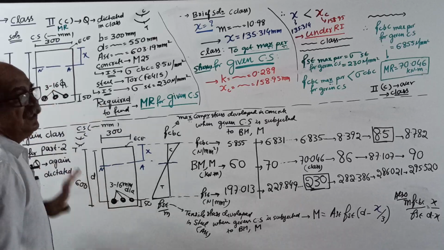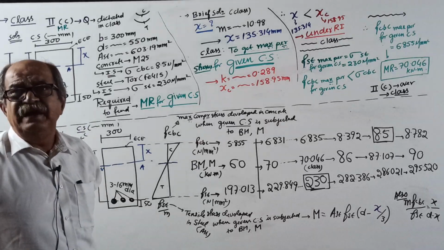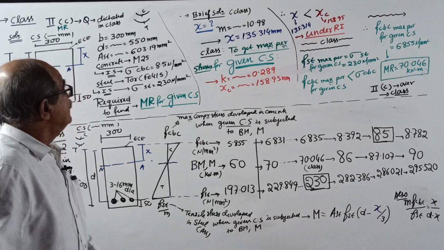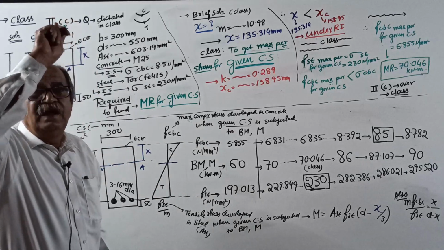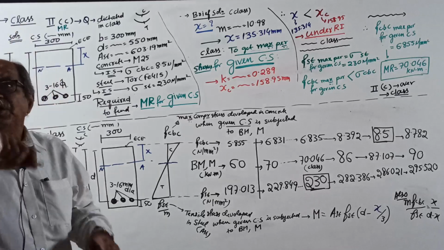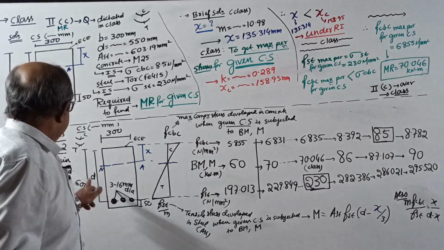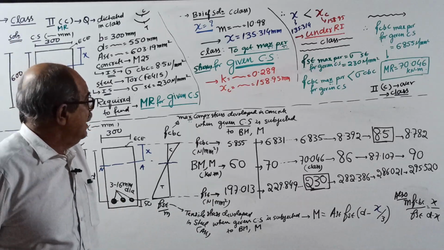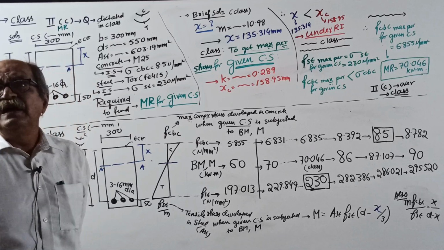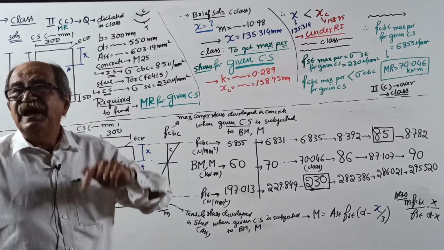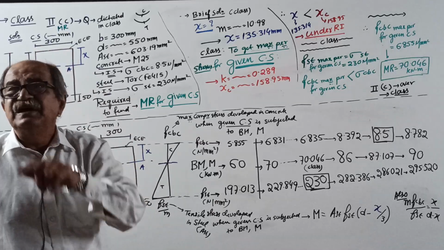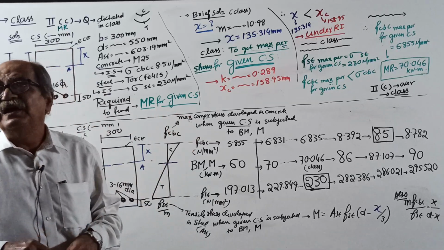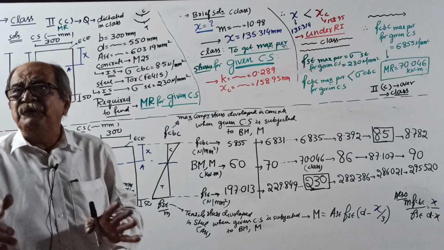Then, if you observe correctly, someone will tell, sir, this is the same question as Roman 1A, where you gave a bending moment of 60 kilonewton meter and asked us to find stresses developed. Yes. At that time, this question was for finding stresses. Now, the same cross section I am taking for MR.